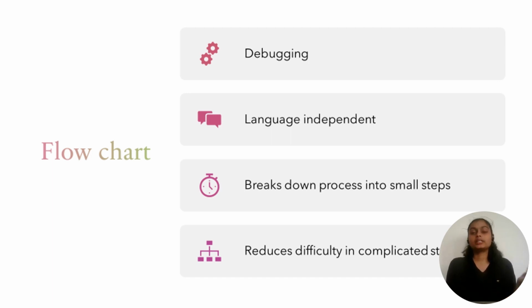As I said earlier, we are going to write numerous lines of code, and these flowcharts are really useful in order to break down our code into smaller parts and to analyze the code much faster. It also reduces the complexity. The more lines of code, the more complexity. The fewer lines of code, the less complex. So along the way of breaking down the problem into smaller pieces, it also reduces the complexity of the problem. So these are all the advantages of flowcharts.